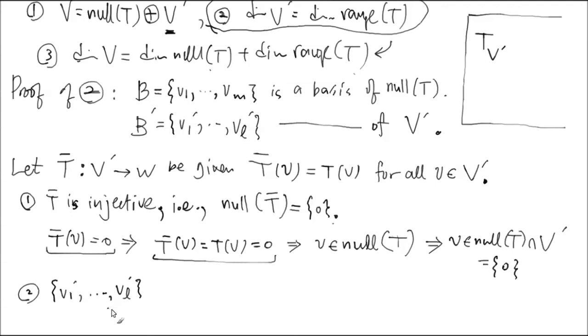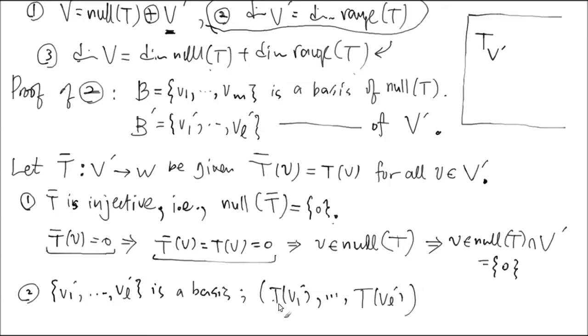And the map on these spaces is injective. So what about this list? What can you say about this list? T V1 prime, to T VL prime. We're sending all of this.